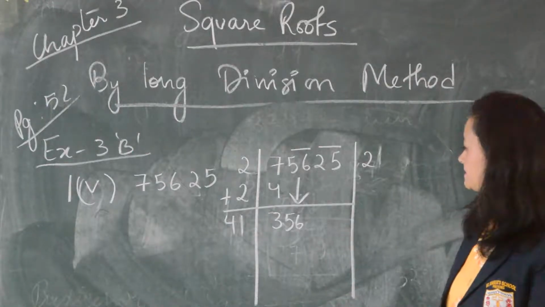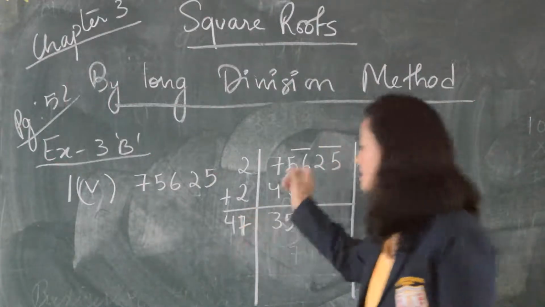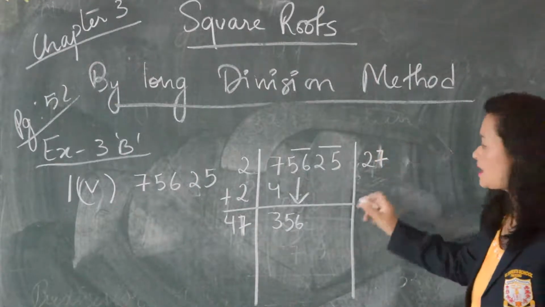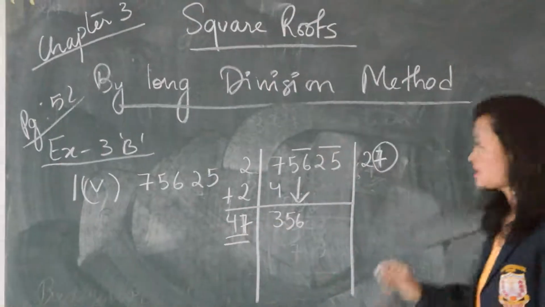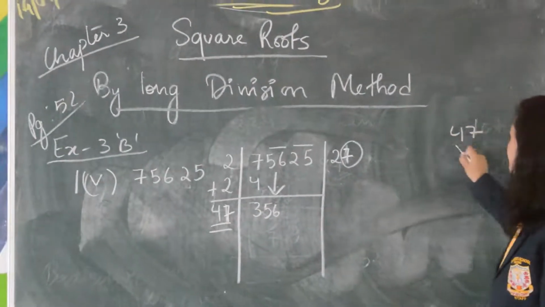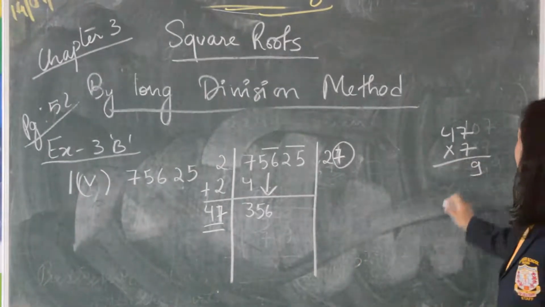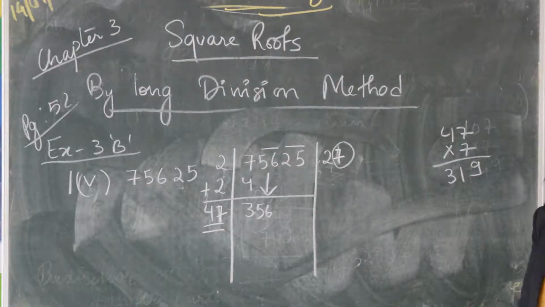Let's try with 7. If I'm writing 7 here, you need to write 7 here as well. And what you have to do is multiply 7 with 47. So we'll do the rough work. Multiply 7 with 47. So we get 329.